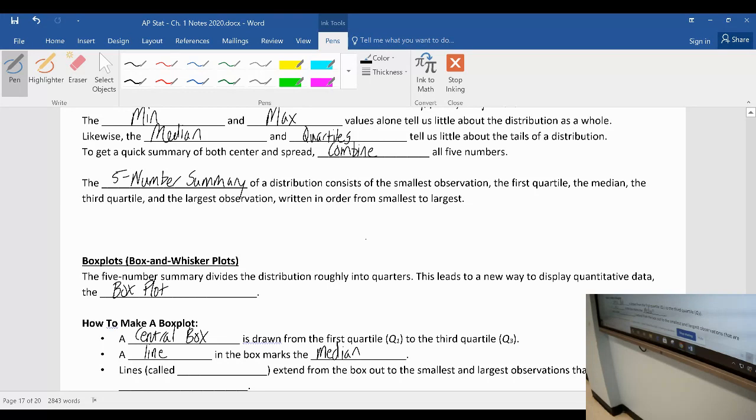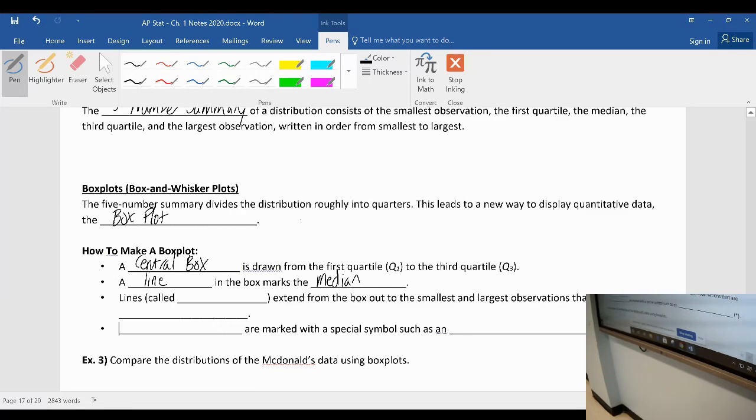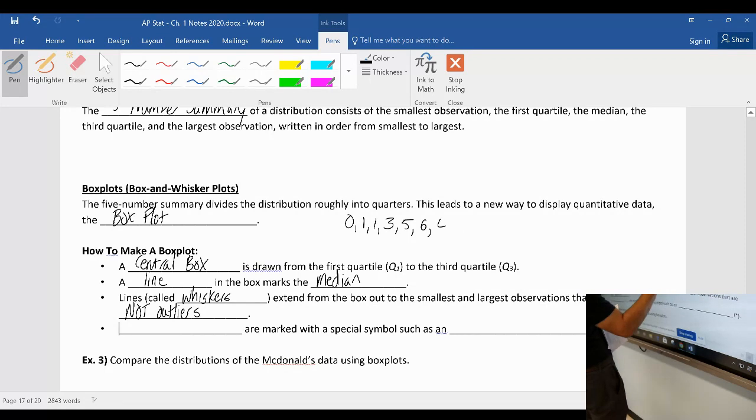Lines called the whiskers extend, and this is crucial, from the box out to the smallest and largest observations that are not outliers. So for example, say we have a data set that looks like 0, 1, 1, 3, 5, 6, 47.